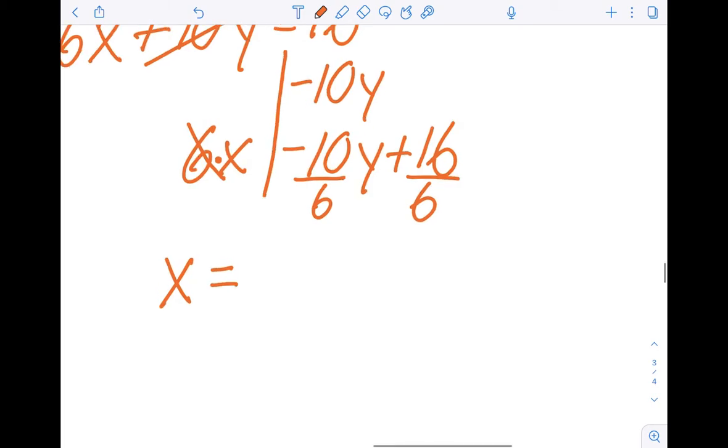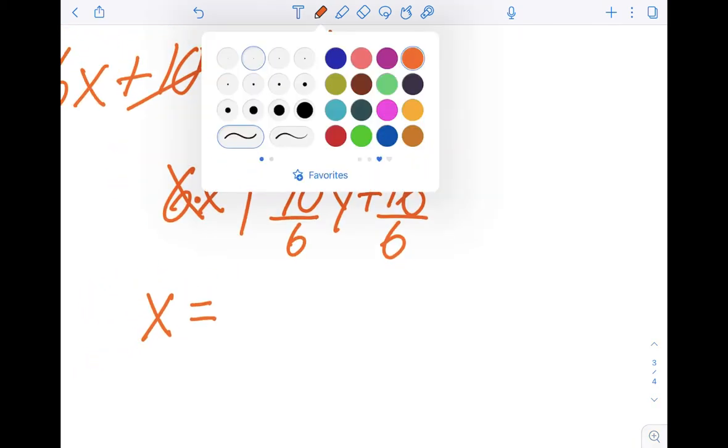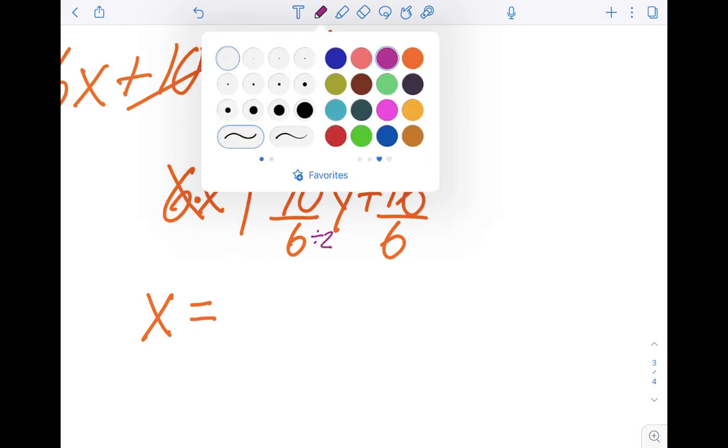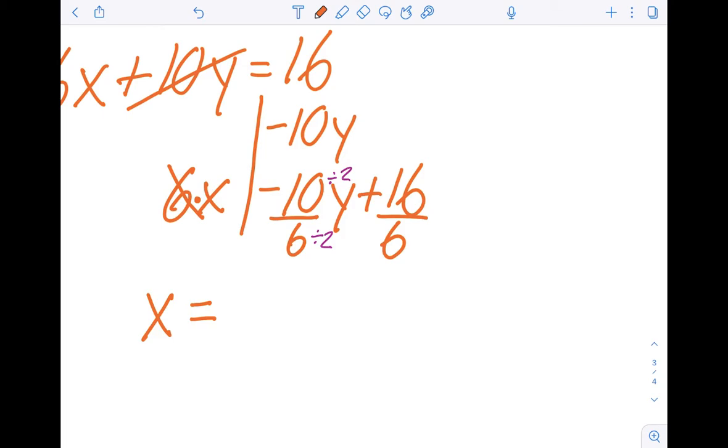Now I can divide both of these by 2. So if I divide both of these by 2, I'm going to get negative 5 over 3y, just like that, right?